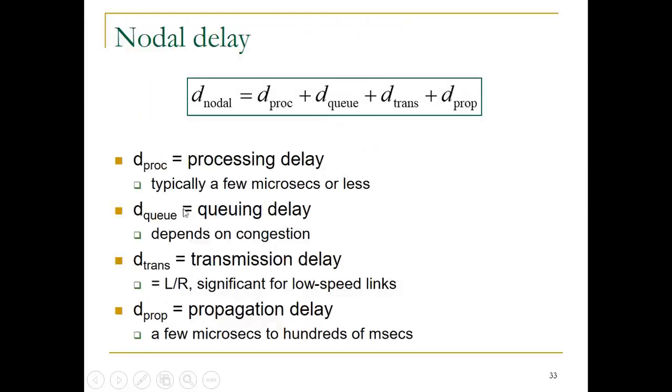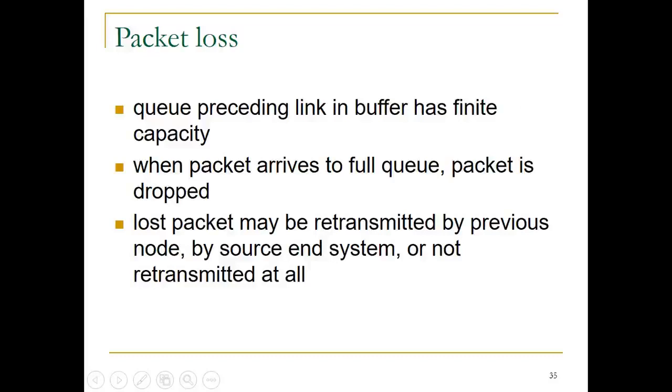And you do have some calculations over here that relate to how nodal delays are computed and queuing as well, which you can go through later. Packet losses: the queue preceding links in buffers has finite capacity, and when packets arrive at full queues, the packet is dropped. Lost packets may be retransmitted by previous nodes or by the source end systems, or not retransmitted at all. So it all depends on the system itself.